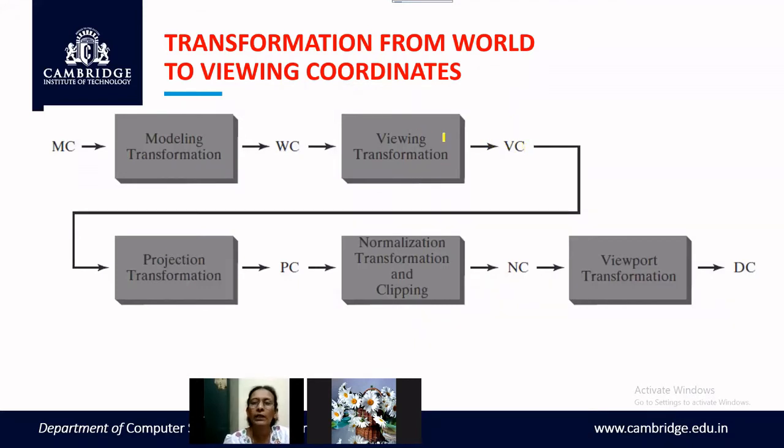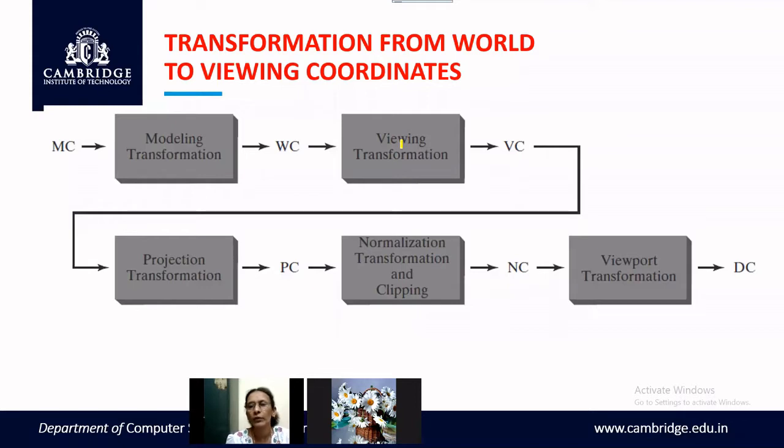Now here, in the viewing transformation, we have to define the origin, that is, the position of the view plane. The view plane is also called the projection plane. We have to define the orientation.